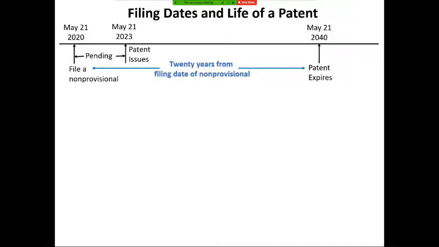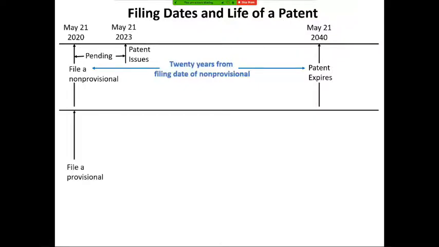Now, instead of filing a non-provisional, you could have filed a provisional application. And if you had filed a provisional application on May 21, 2020, you would have had to follow up with the non-provisional application within a year of filing that provisional.